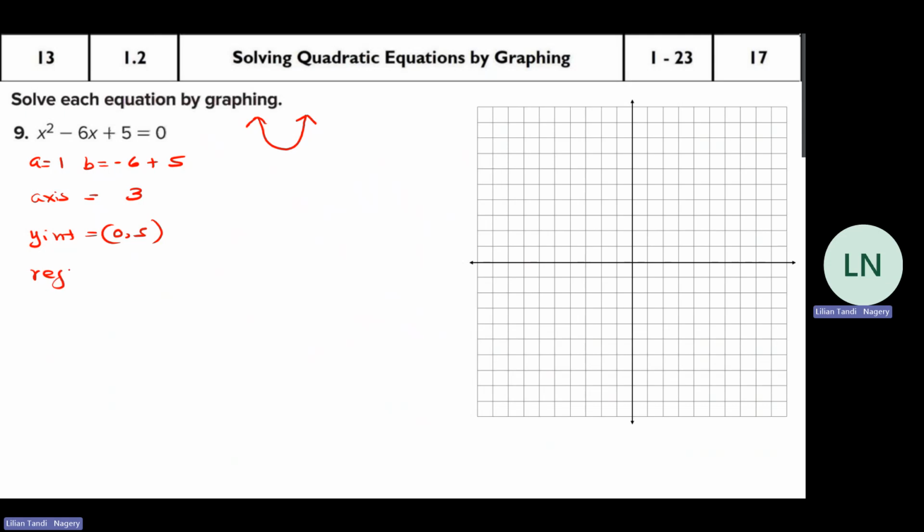My reflection is 6, 5. My vertex is 3. 3 squared is 9 minus 18 plus 5. -9 plus 5 will be -4.